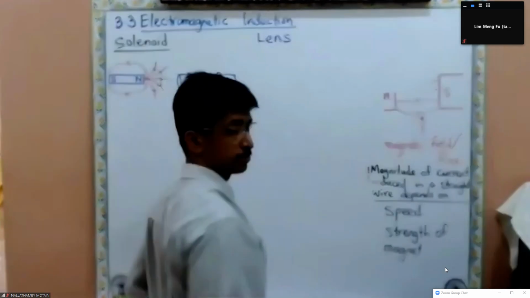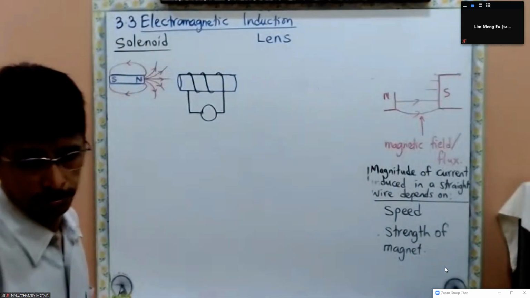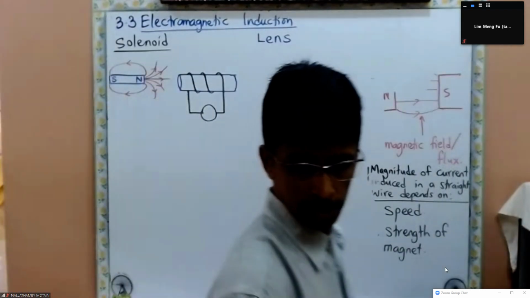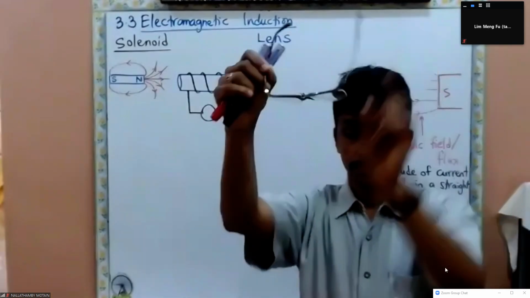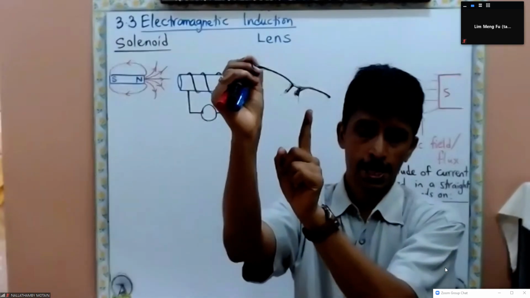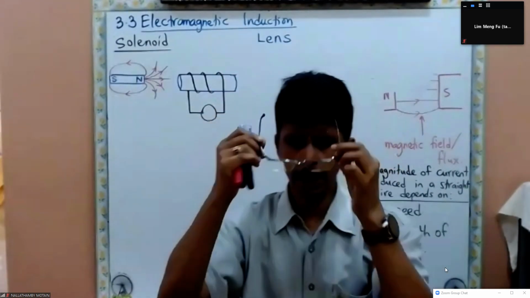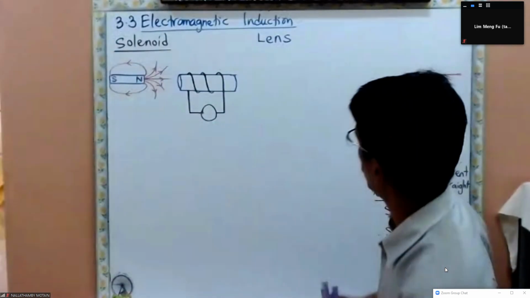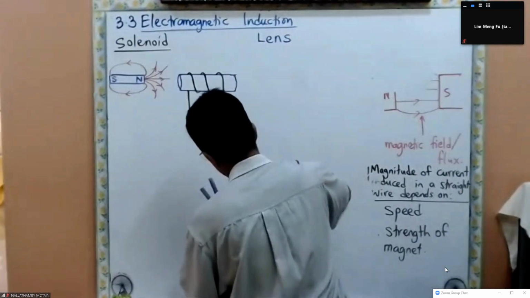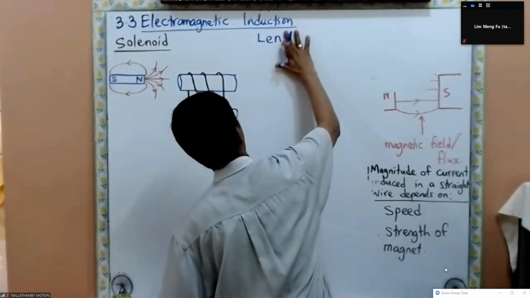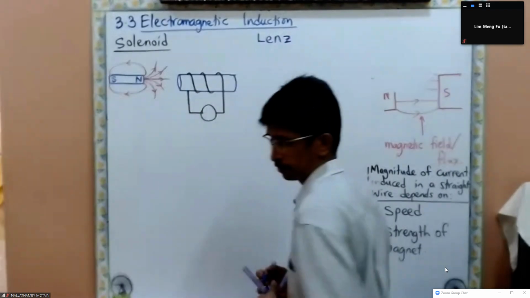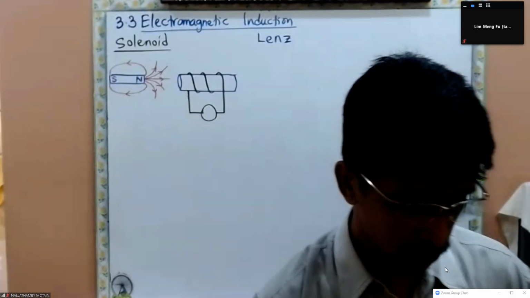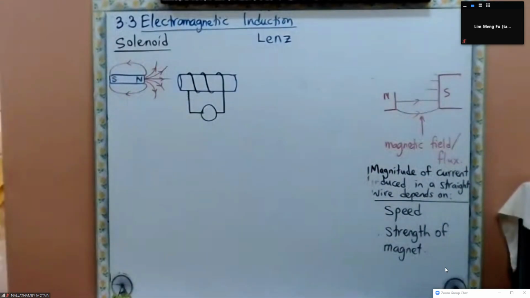Lenz. This is a lens, right? But here, not lens, that is L-E-N-Z. We have to write in the proper way, with the correct spelling.